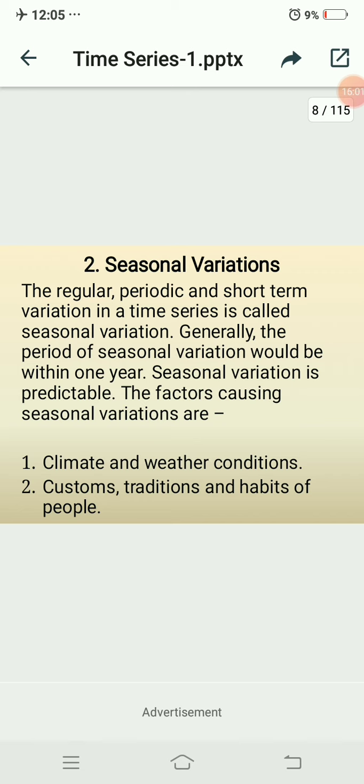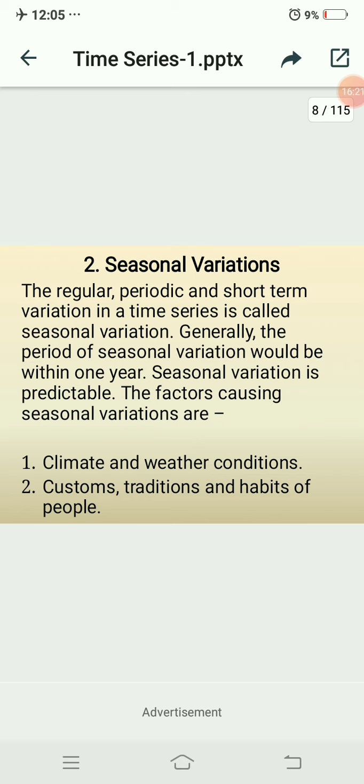Because year after year the festivals come, those festivals recur, Deepavali, Ganesha Habba, Dasara and Holi.